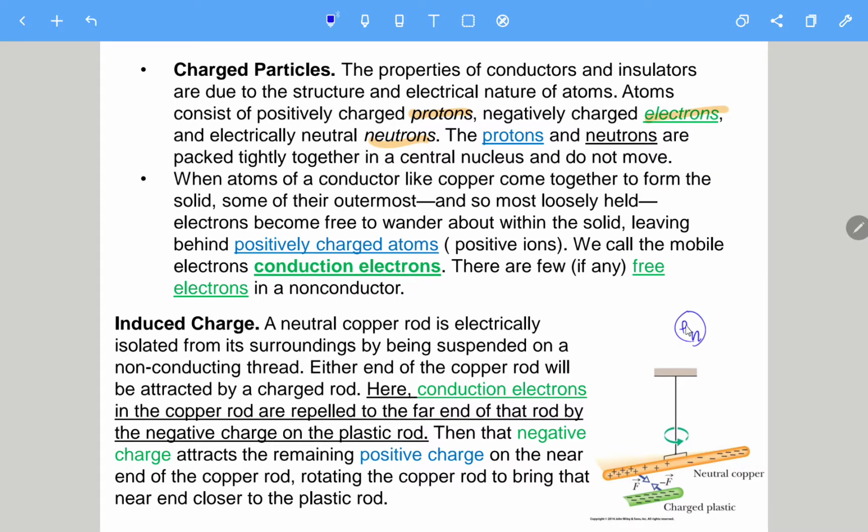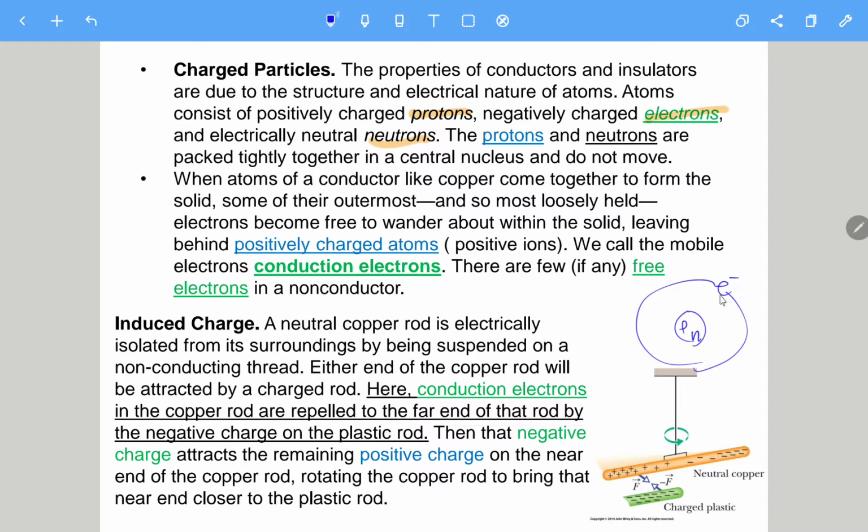This one is positively charged. Each proton has a positive charge of e. And the electrons have the same amount of charge, but negative, and they rotate around the nucleus, so that the whole atom is electrically neutral.